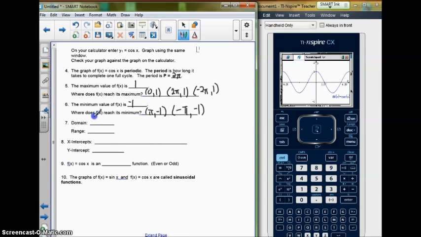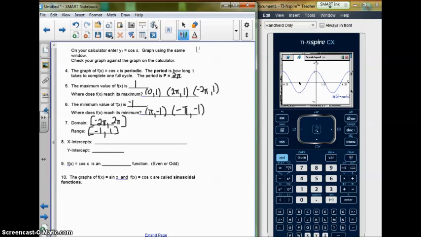The domain we have set for this is from negative 2 pi to 2 pi. The range is from negative 1 to positive 1. The x-intercepts, where is it crossing the x-axis?